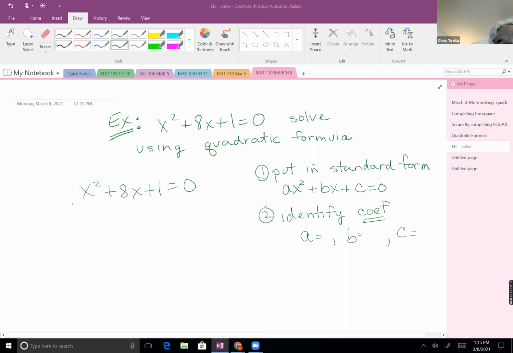So in this example, A is the coefficient on x squared, B is the coefficient on x, C is the constant. And since there is not a coefficient on x squared, does everybody remember that means A is 1? The coefficient on x, B is 8. The constant term, C is 1.